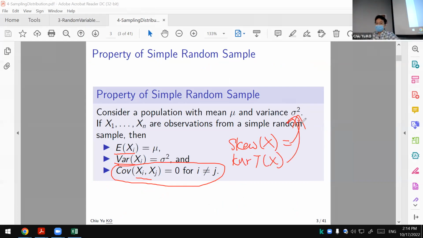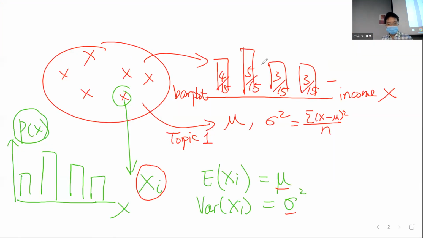You can calculate skewness and kurtosis for the population. It will be the same because they have the same shape, everything the same.